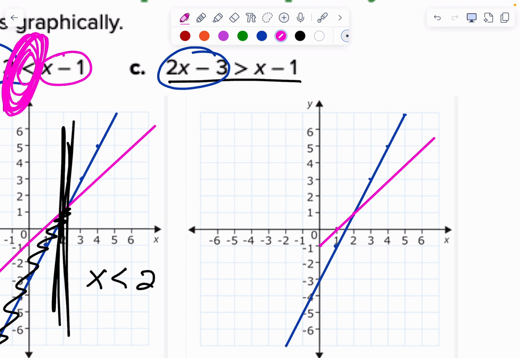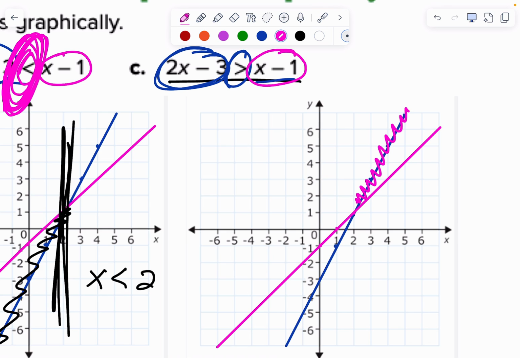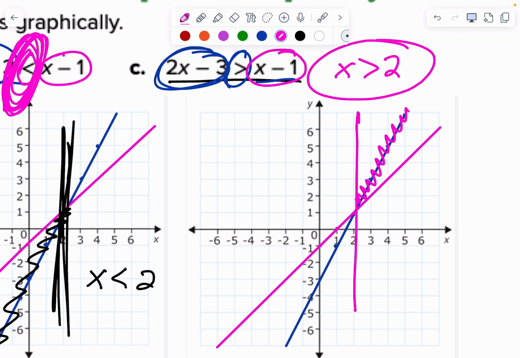Something like that. Okay? Now, I want to know where the blue one is bigger than the pink one. Above. Where the blue one is bigger than the pink one is right here. So right here is where it divides, at x greater than 2 is where it is bigger. That makes sense? So again, you could solve that linearly, like subtracting the x's, but visually, that's what they have for a graph as well. Got it?